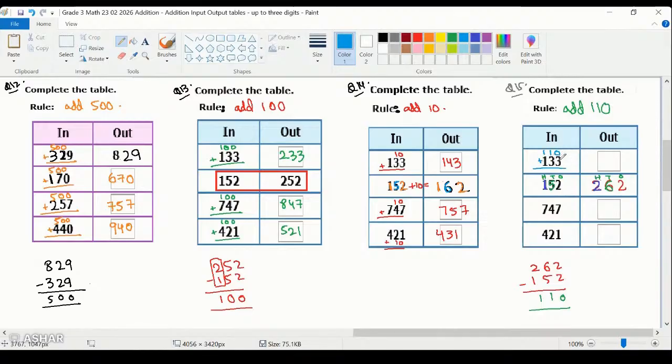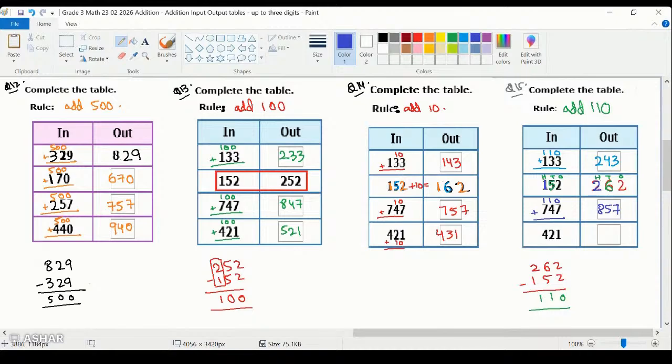0 plus 3 is 3. 1 plus 3 is 4. And 1 plus 1 was 2. Perfect, May. When we add 110, 0 plus 7 is 7, 1 plus 4 was 5, and 1 plus 7 is 8.